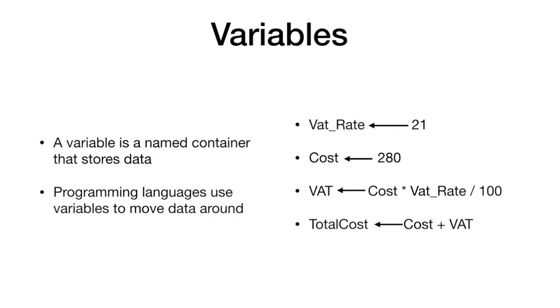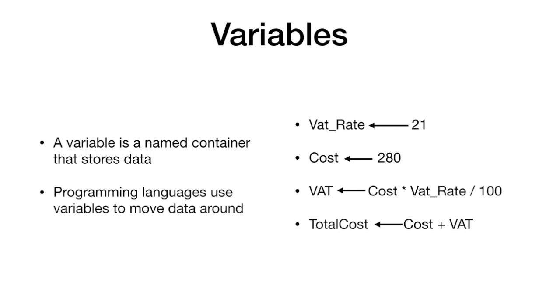In this case it's 280. And then we could have another variable called VAT, and we would put into that cost multiplied by VAT rate divided by 100. And so that would give us the amount of VAT being paid on that item that cost 280. Then we would add the cost of that item and the VAT together and put that into a variable called total cost.